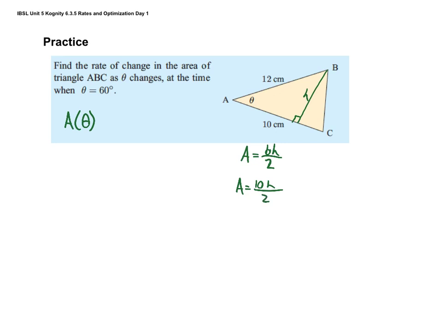How would we figure out the height in terms of theta? SOHCAHTOA. I have the height and I have this 12 over here. If I'm looking at this as a right triangle, because the height is perpendicular to the base, what trig function could I use?